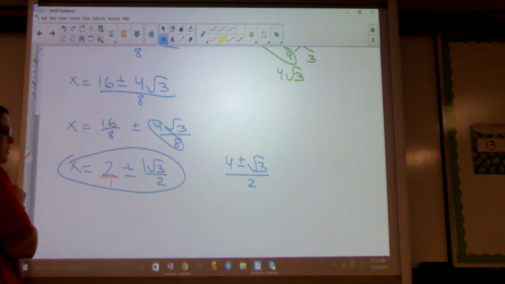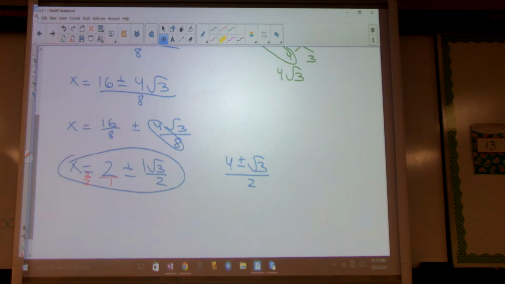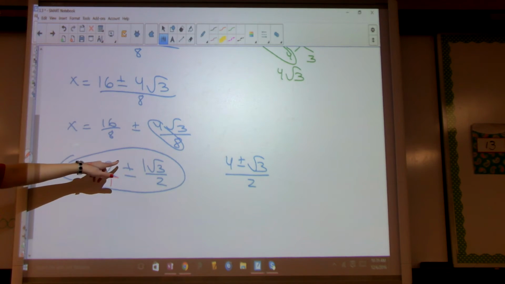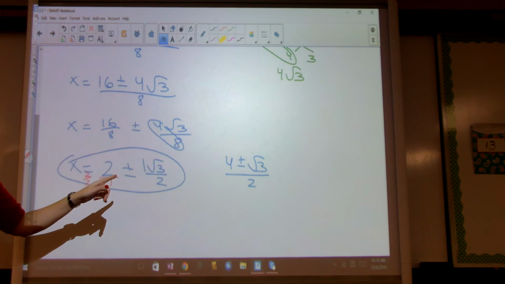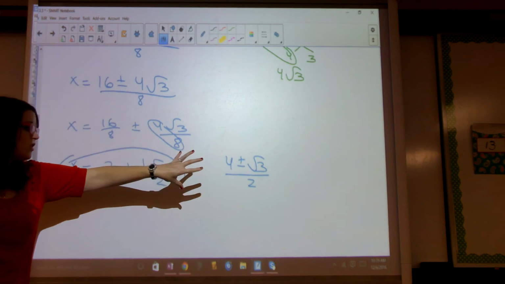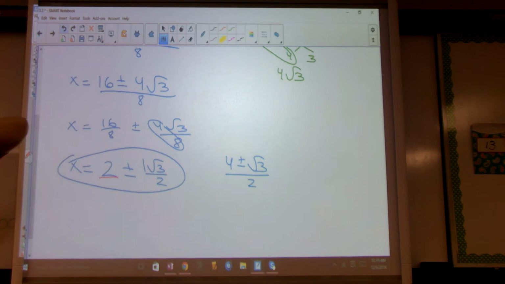How would you do a common denominator? You'd multiply this by 2 over 2. So that would be 4 plus square root of 3 over 2. You have to recognize, especially for standardized tests, that these two answers are the exact same thing. And they're both correct. Either one is right for me, so whichever one you prefer, you do. But you have to recognize they are the same thing.